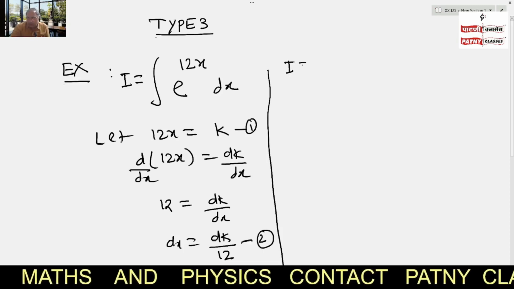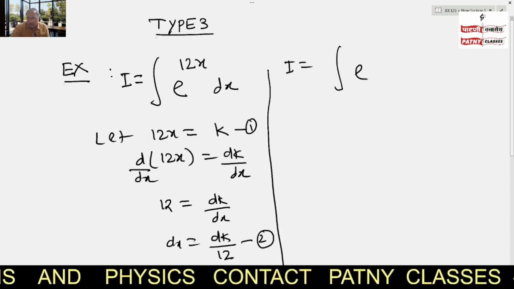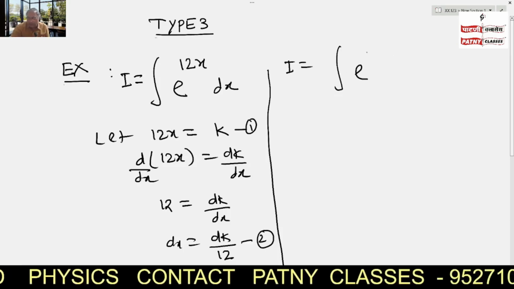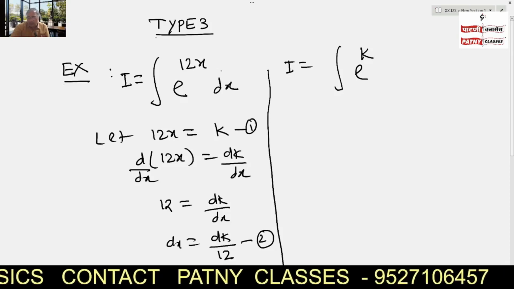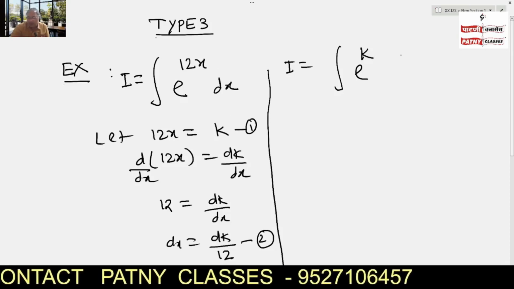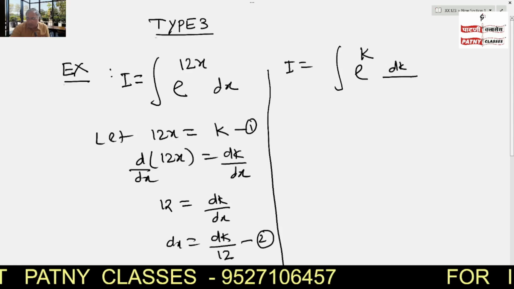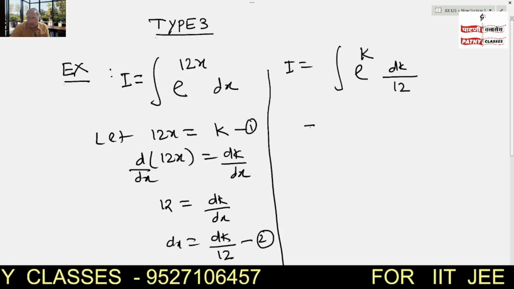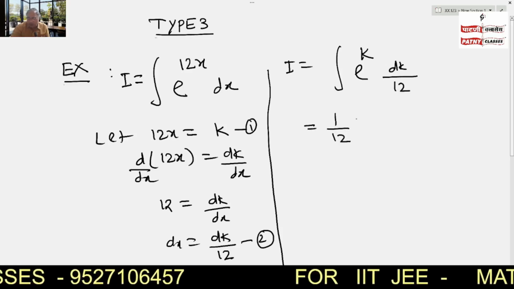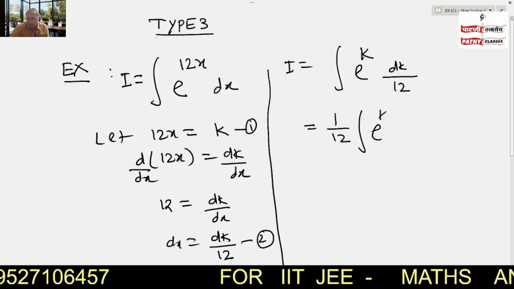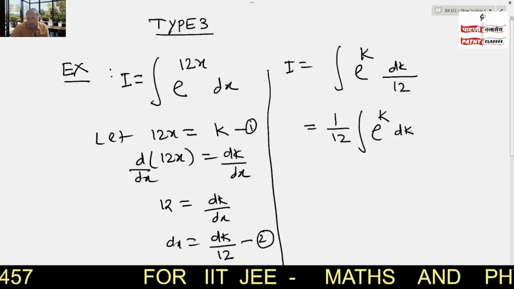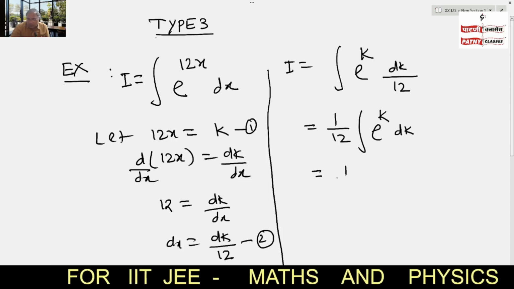I becomes integration of e raised to, in place of 12x we can put k here, and in place of dx I can write dk upon 12. Now 1 upon 12 is taken common outside, because constants are always taken outside.